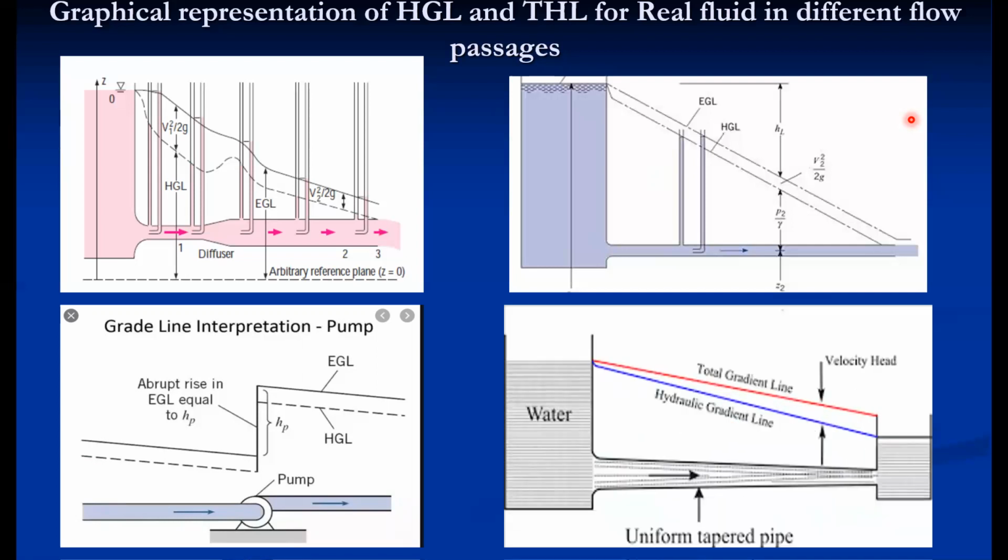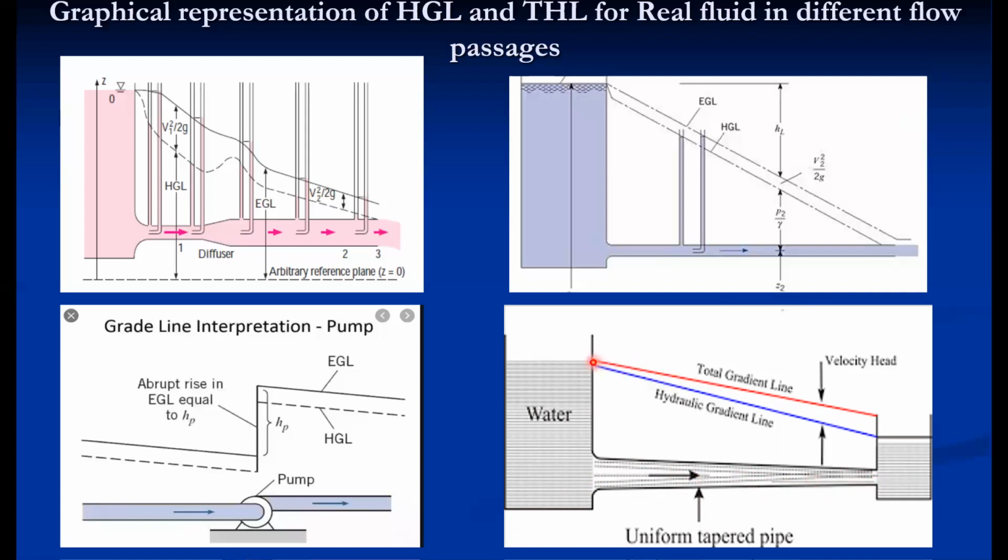So this is the flow through a tapered pipeline. Now here, when the flow is taking place through a tapered pipeline, the hydraulic gradient line, HGL, and the TEL, or EGL, are not identical, because this is a convergent cross-section pipe, so continuously the diameter decreases and continuously the velocity increases.